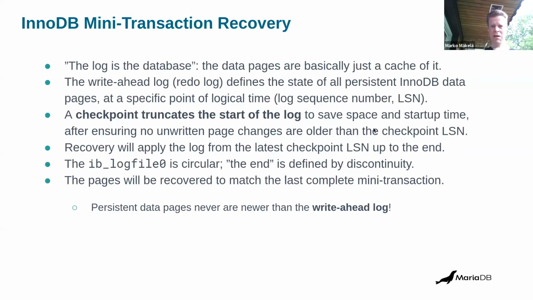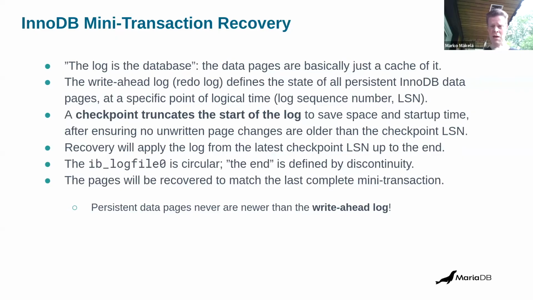So from time to time, we are discarding old history of the write-ahead log. The purpose is that we will save space. We only have a fixed size redo log in InnoDB. We cannot keep more history than the size of the redo log.